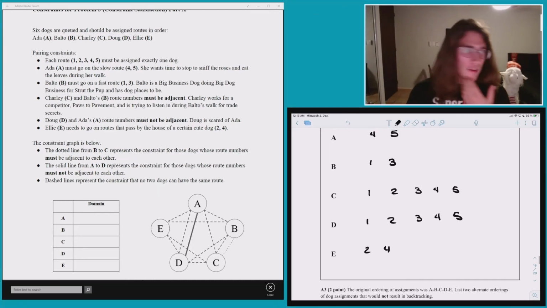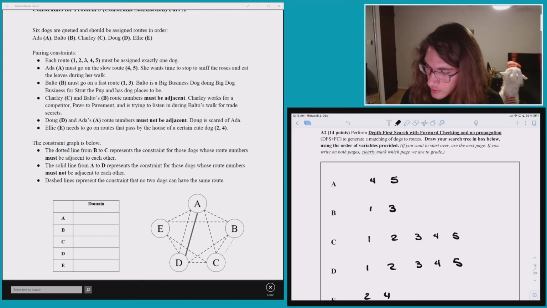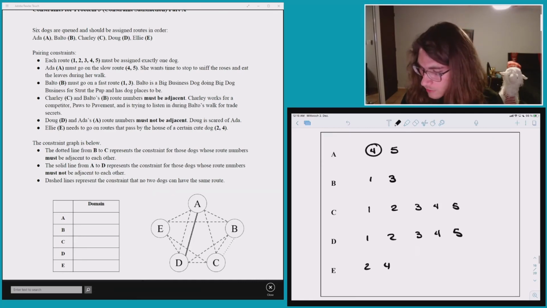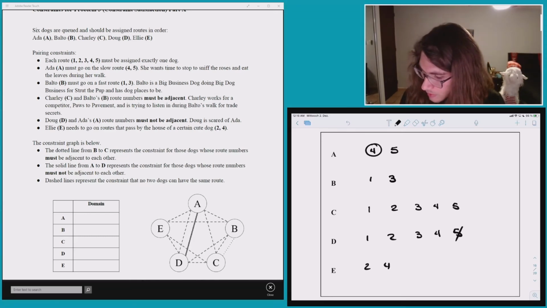I have the graph on display on the left, so I'm just going to jump straight into it. I have a 4. I perform my forward checking, which means if I take all the constraints into account, Douglas must not be adjacent to Ada, meaning it cannot be 5.